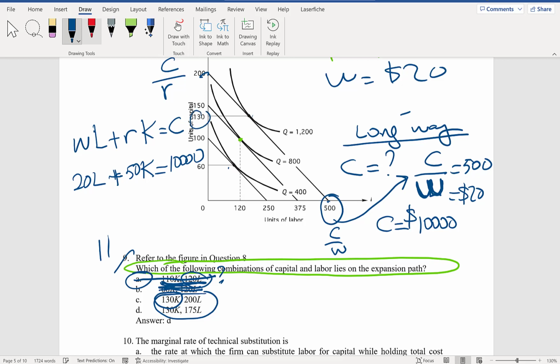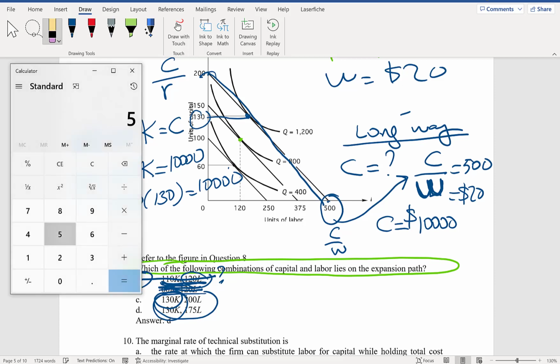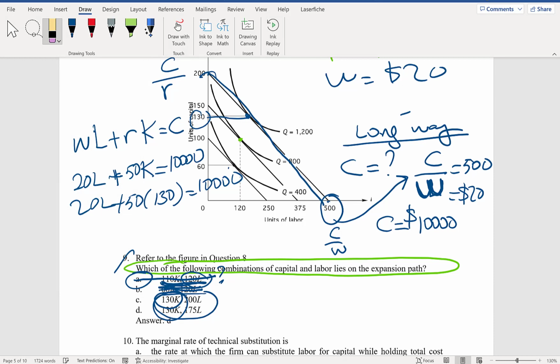I see 130 on this iso-cost line, so I'm going to focus on this iso-cost line. It says put 130 for capital. So 50 times 130 plus 20L equals 10,000. 50 times 130 is 6,500.